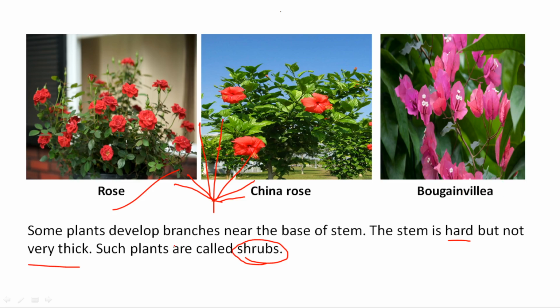So branches near the base of the stem, and the stem is hard but not very thick. These are called shrubs. Examples are rose, China rose, and bougainvillea. China rose is also known as hibiscus. Next we'll move on.